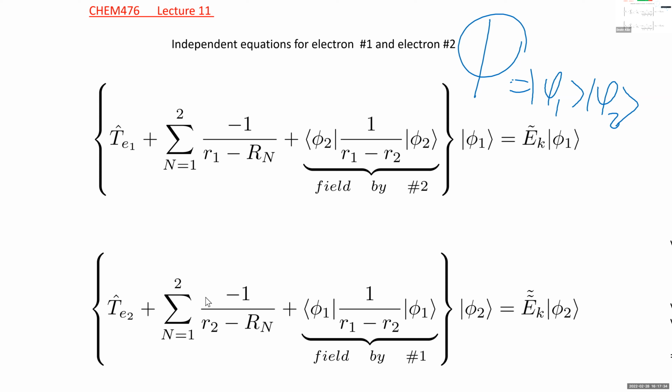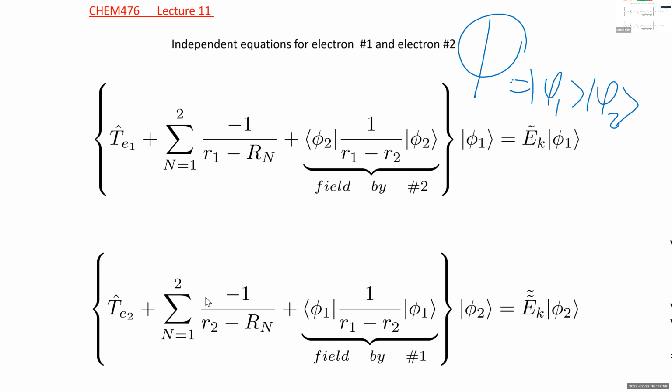So we can make an expectation value averaged over the second electron. But then the resulting thing will still be an operator with respect to the first electron. Or oppositely, we can average with respect to the first electron, and then the resulting object will be an operator with respect to the second electron.